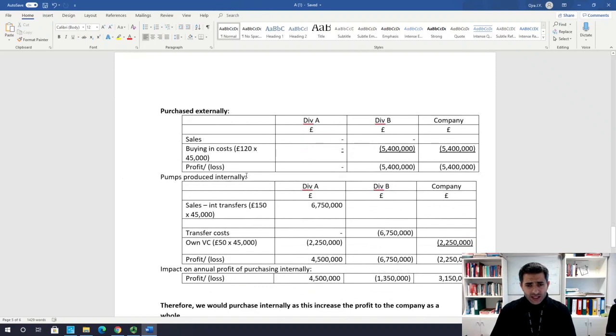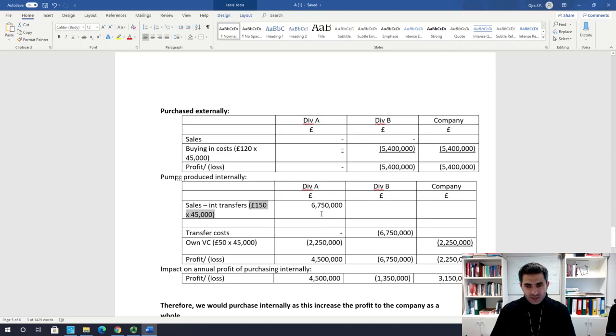If produced internally, the company will be charged £5,400,000 externally, and as you see, nothing for A at all, because A didn't sell any. If internally, A will make £6,750,000, because 45,000 times £150.